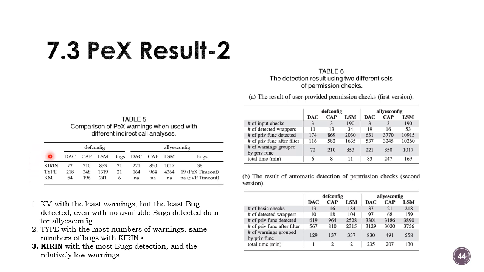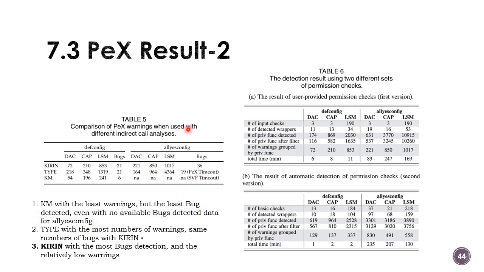In the table, we can see data like DAC capability, LSM, and bug detection, and I have summarized the data insights here. The first is that K-Miner has the fewest warnings but the fewest bugs detected.